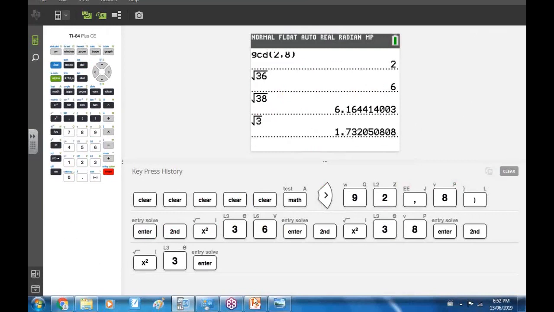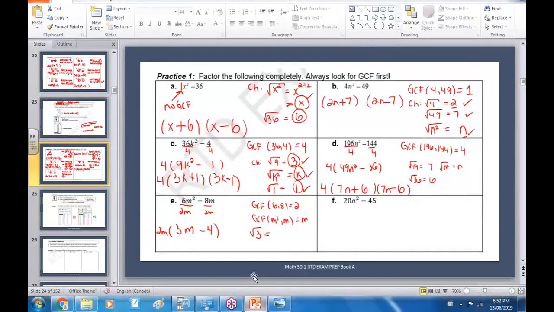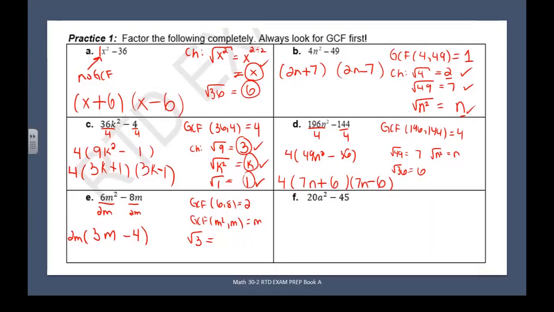So that means 3 is not a perfect square, which means I cannot factor this by difference of squares. Okay? So I can say that 3 is not equal to a perfect square. So that means this is as far as you can go. That's it. Okay?